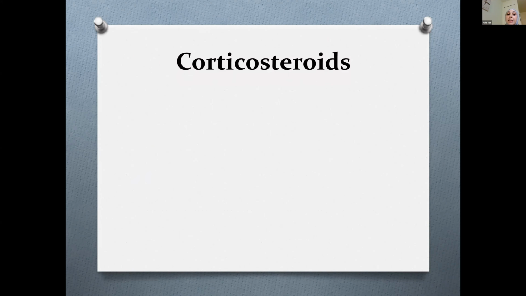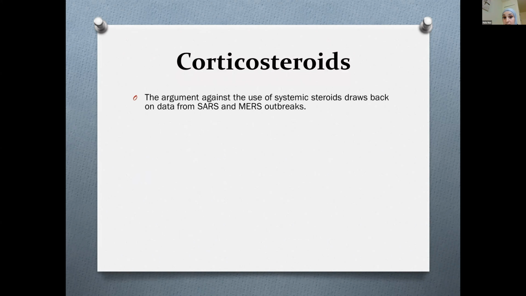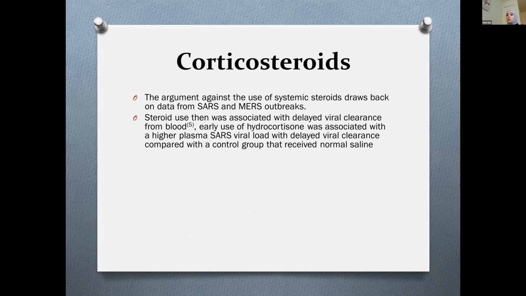Now, the argument against the use of steroids goes back to the data that we have from the SARS and MERS outbreaks. The studies that evaluated that found that it was associated with delayed viral clearance from blood. There was a study that looked at the use of hydrocortisone, a randomized controlled trial.